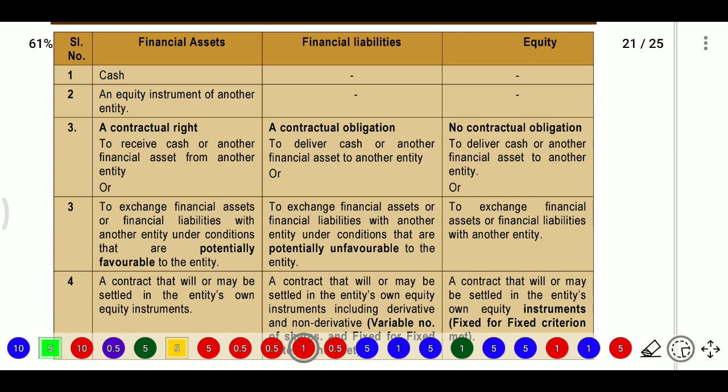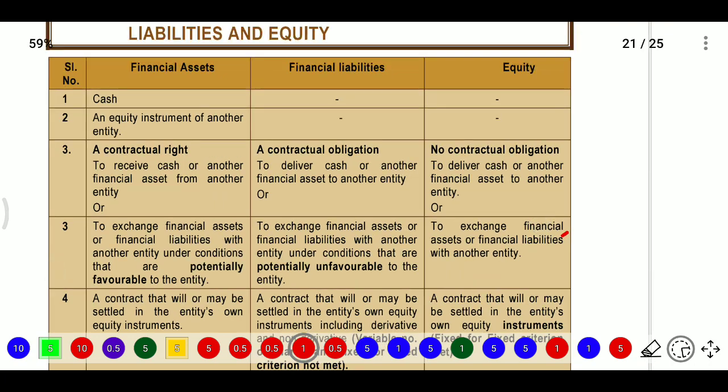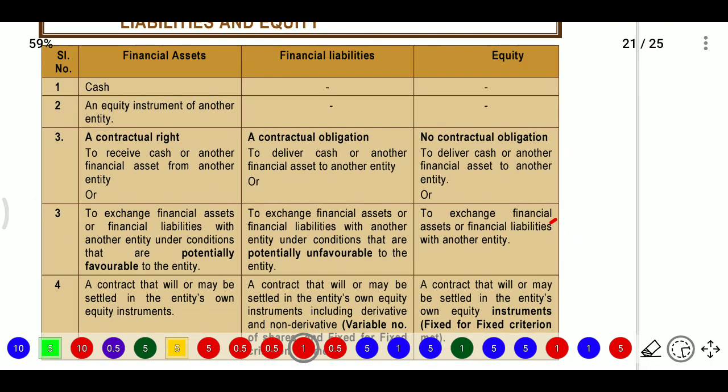Equity means there is no contractual obligation to deliver cash or another financial asset to another entity. And after that, to exchange financial assets or financial liabilities with another entity under conditions that are potentially favorable, it is also a financial asset. When you are exchanging under potentially unfavorable conditions, then it will become a financial liability. So if favorable, it will be a financial asset; if unfavorable, it will be a financial liability.